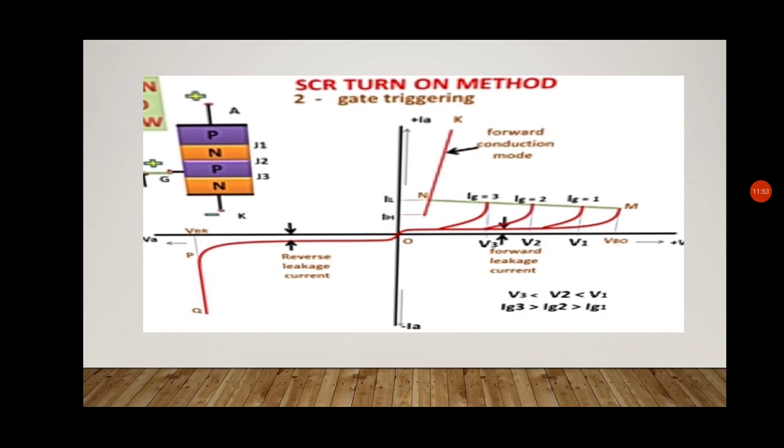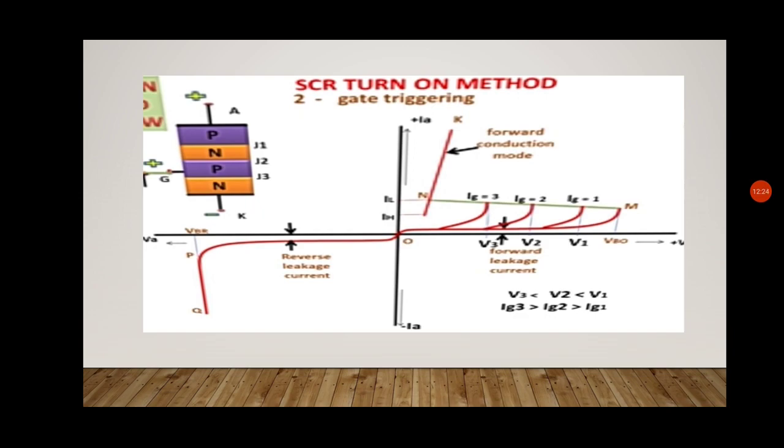Here in this diagram you can see, as we have provided I_g1, that is a gate current flowing through the gate of the SCR, the junction J2 is going through breakdown much before V_BO, at almost V1.